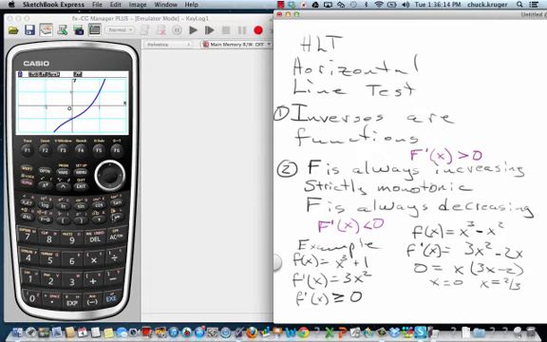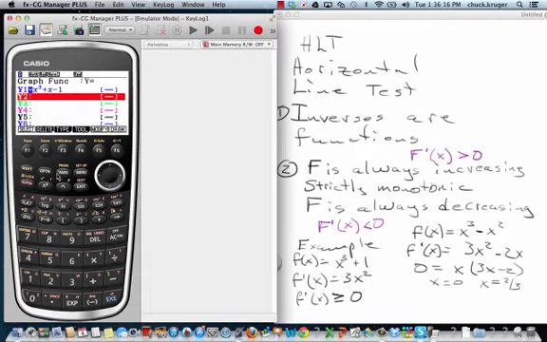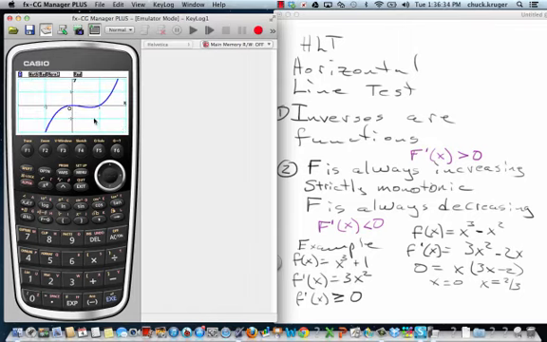Let me show you what I mean. I'm going to graph this, and I'm going to put in x cubed minus x squared. I'm going to draw that. Okay, and if you take a look here, right here it's decreasing.